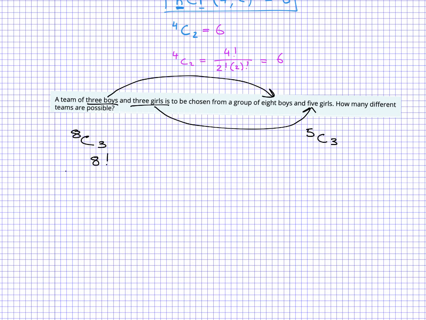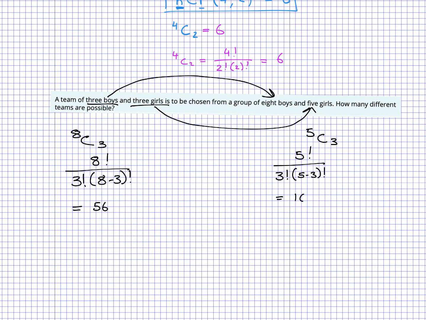So this is 8 factorial over 3 factorial, 5 minus 3 factorial. And for the girls, it's going to be 5 factorial over 3 factorial, 5 minus 3 factorial. All right, so I can calculate those out. For the boys, it was 56.